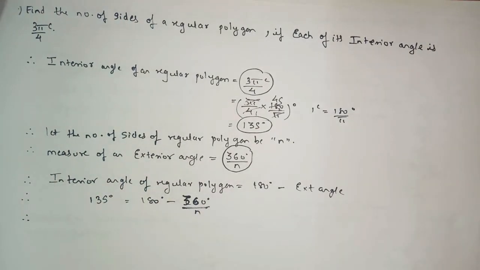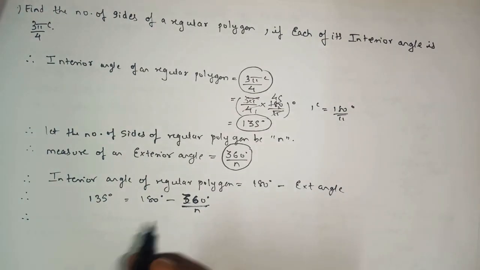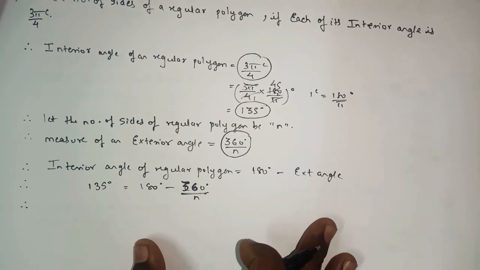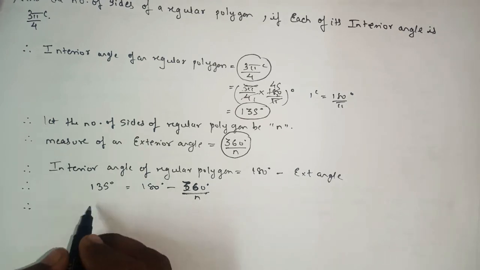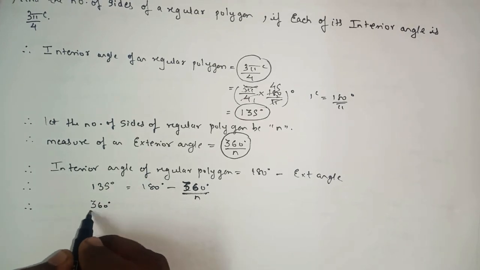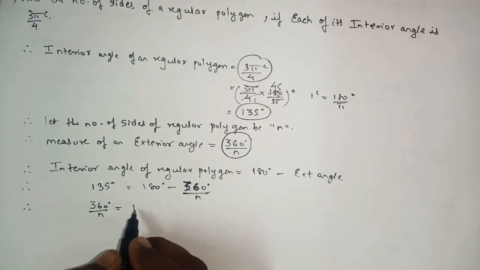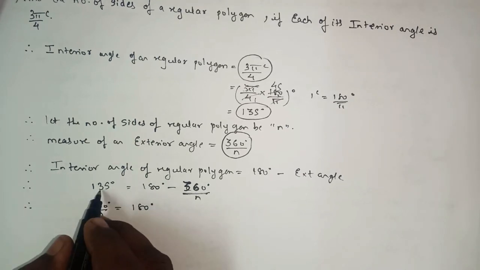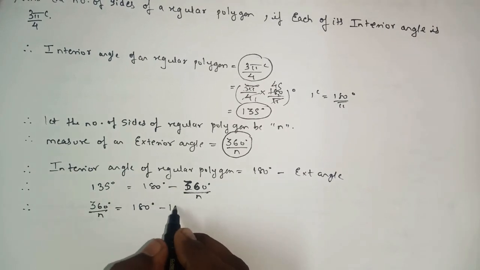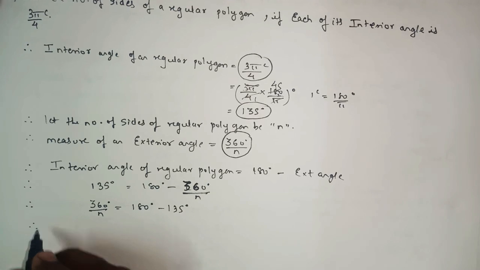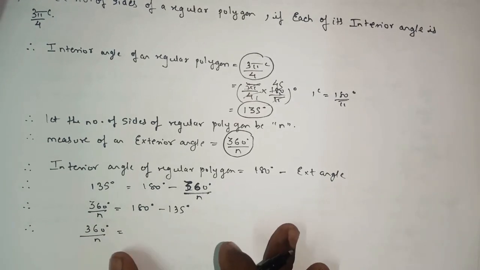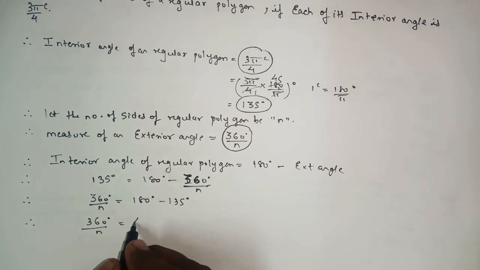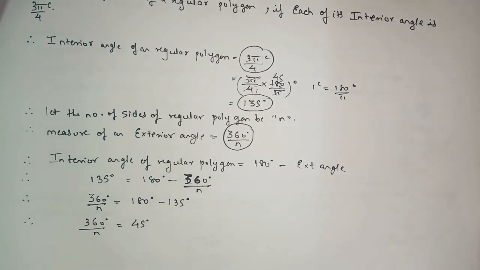Now we'll shift the number and the alphabet to one side. So now see here, calculation part: we'll shift this minus 360 upon n to the left hand side, and this plus 135 to the right hand side. Therefore 360 upon n is equal to 180 minus 135, you will get 45 degrees.